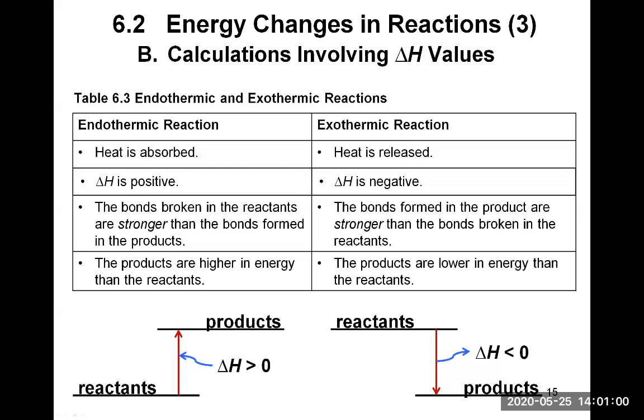So the bonds formed in the product are stronger than the bonds in the reactant, and so the product are more stable, and so they will be lower in energy. And so you start with higher energy reactant, end up with lower energy product, which are more stable. And so the difference in energy between the two is released to the outside. And that's why it's an exothermic reaction. And so you have to remember that then the delta H is a negative value.